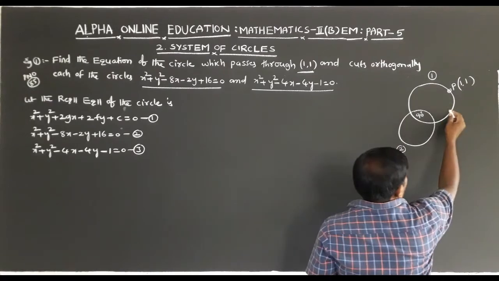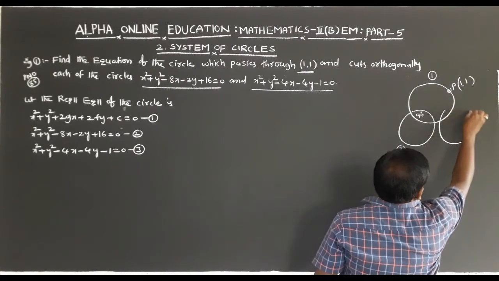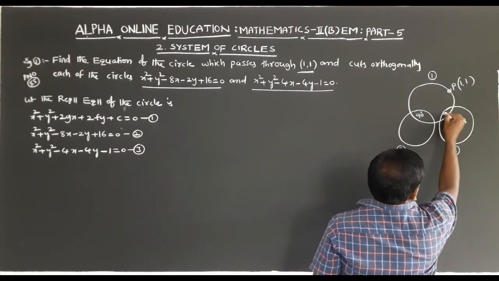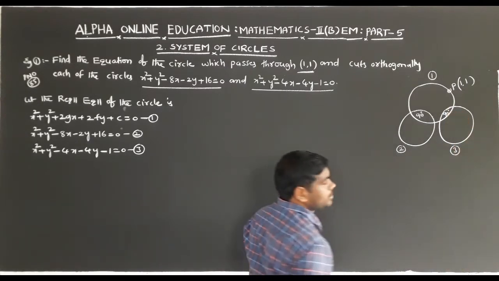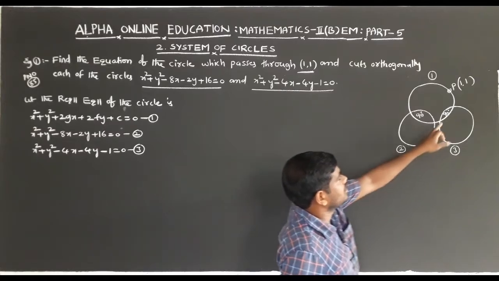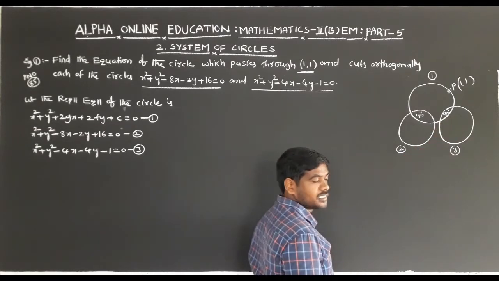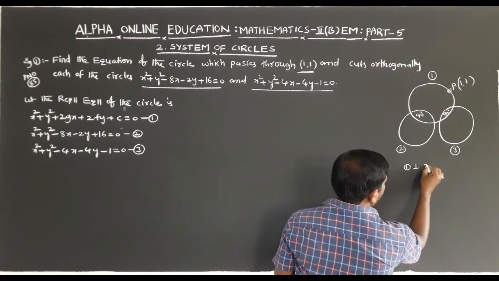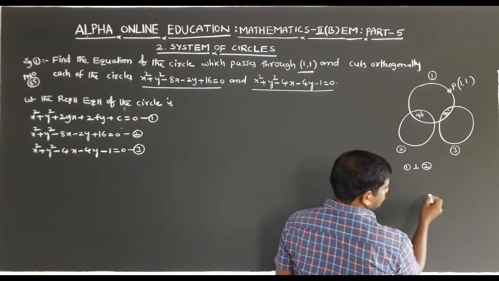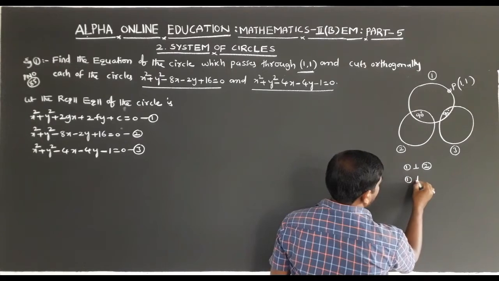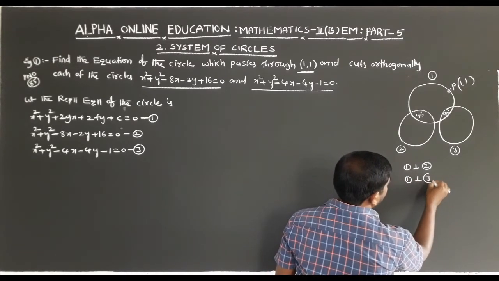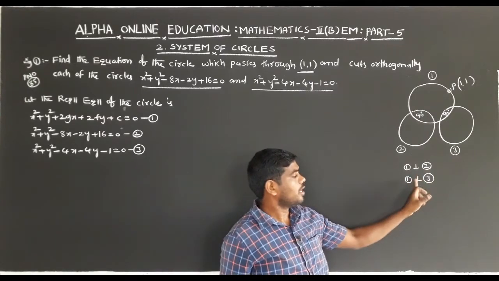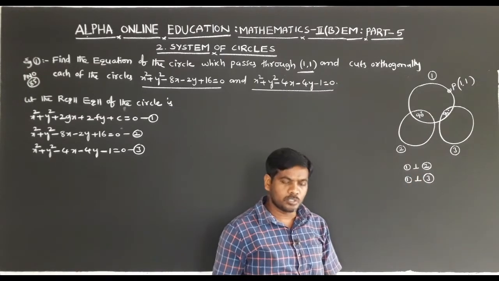Again, the first circle cuts the third circle orthogonally, which means the angle between the two circles is 90 degrees. Here, circle 1 is perpendicular to 2 and 1 is perpendicular to 3.